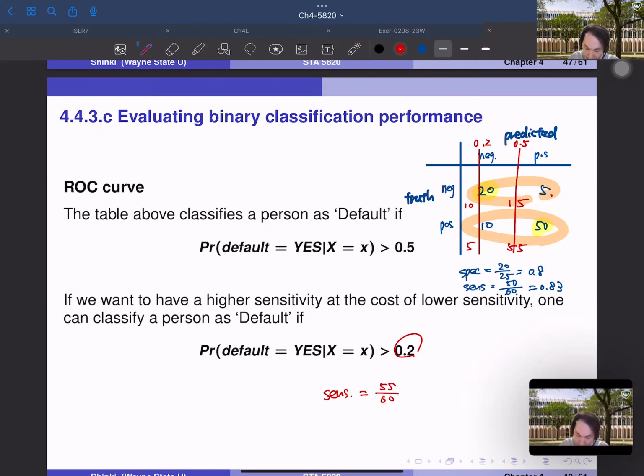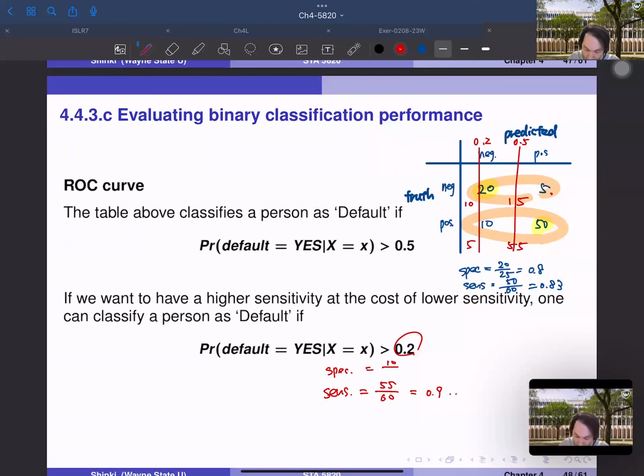So that is 11 over 12, about 0.9 something, and the specificity is equal to 10 over 25, sorry, so this is 40%. So in this case, specificity gets smaller, but the sensitivity gets larger. So depending on the threshold, we can change the sensitivity and the specificity. If we want a higher sensitivity, we have to compromise with a lower specificity.